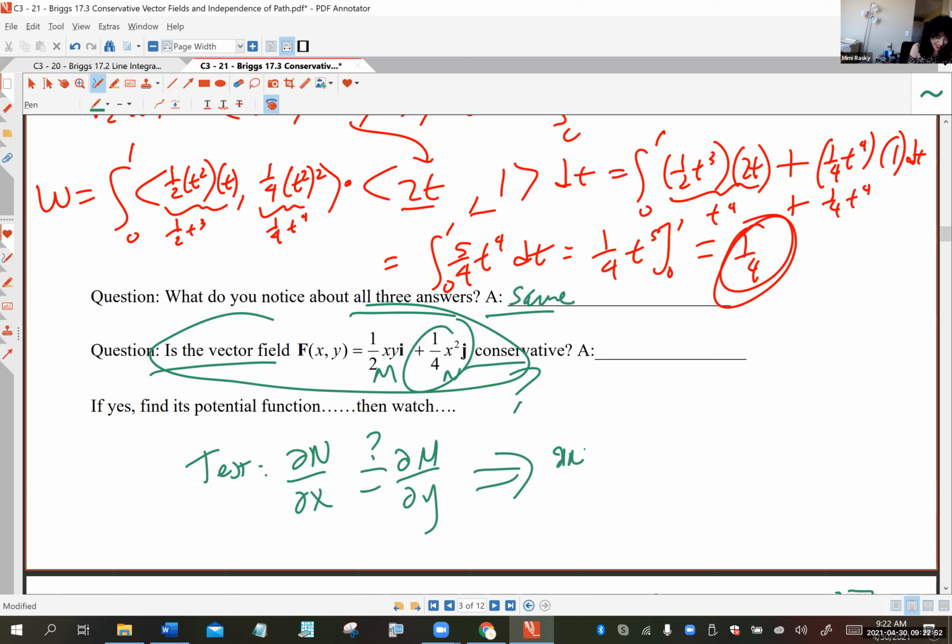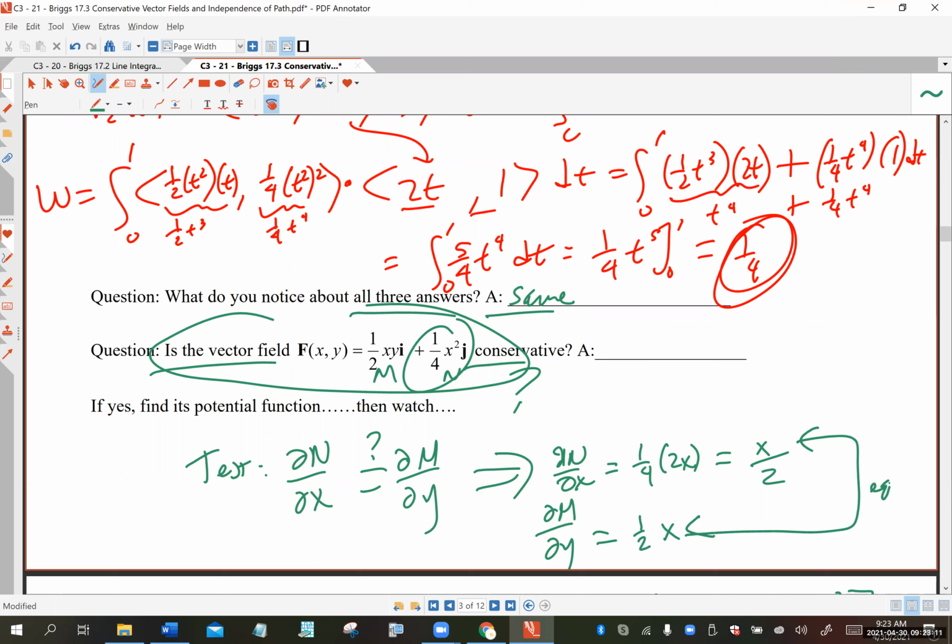It's 1/4 times 2x, which is x over 2. And how about dM/dy? The partial of 1/2 xy with respect to y, I get a half x. Do you notice that these are equal?